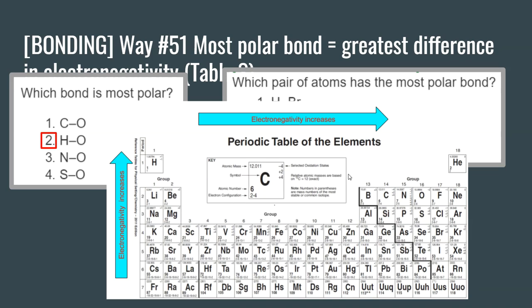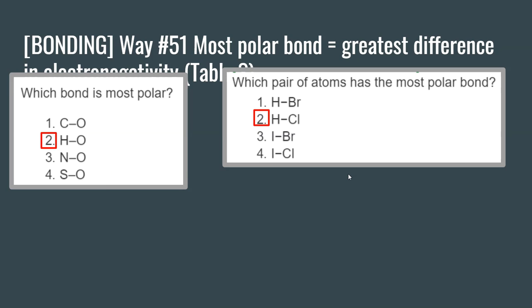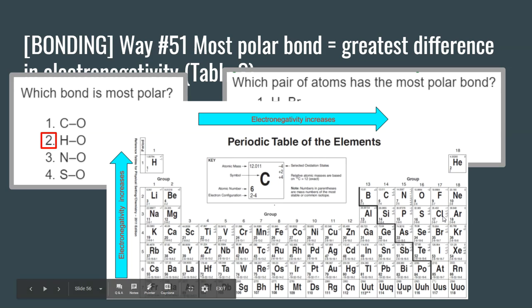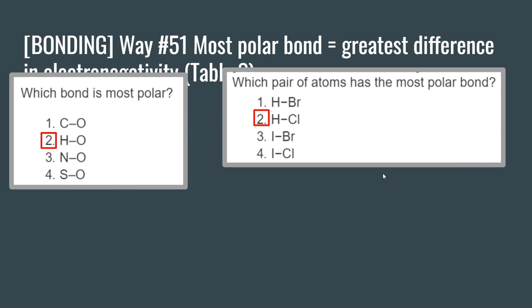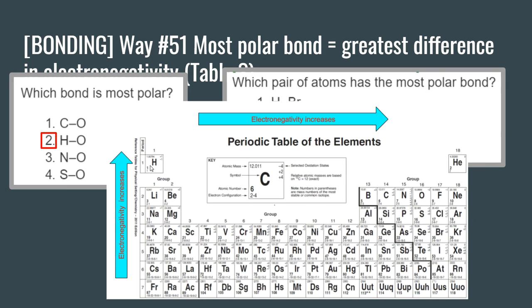So when you're comparing the difference in electronegativities, you could just use the trend of electronegativity on the periodic table. Note that if you're comparing I and Br and I and Cl, here is I, here is Cl, and here's I and Br, and they're relatively close to each other compared to H and Cl on the periodic table. H is all the way over here, Cl is all the way over here, and note that Cl is closer to the top right-hand corner, so it should possess the greater electronegativity compared to hydrogen.